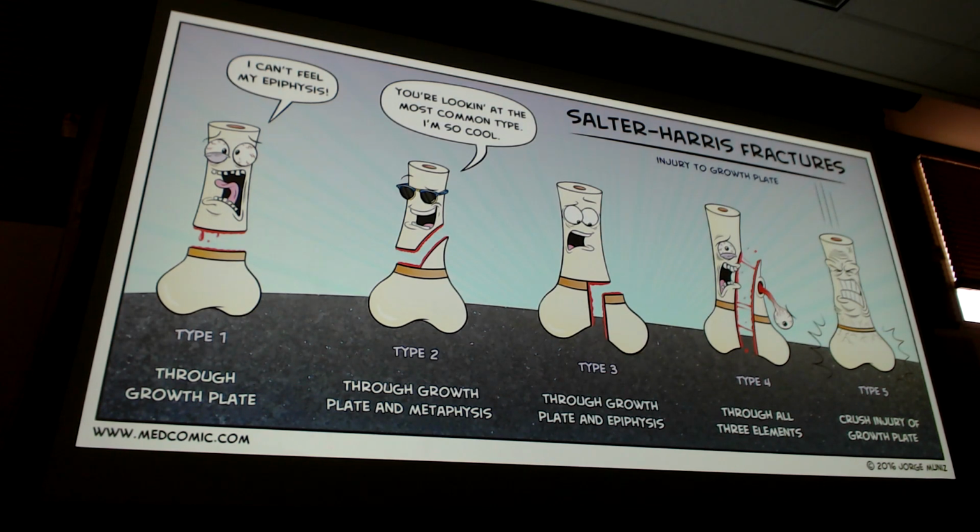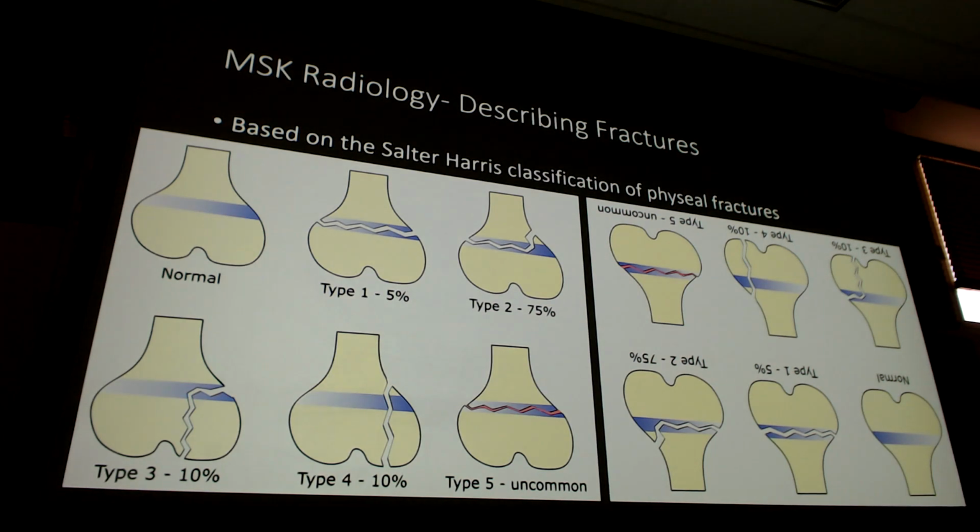And then type 5 is R. I know it says Salter, but they just wanted to make it spelled nicely. But R for reduced. That's when the bone gets crushed on itself, hence the cartoon being crushed. It's got the fracture through the physes just like the slipped one, but it's just crushed. It's extremely uncommon.